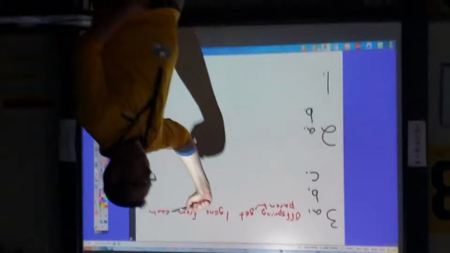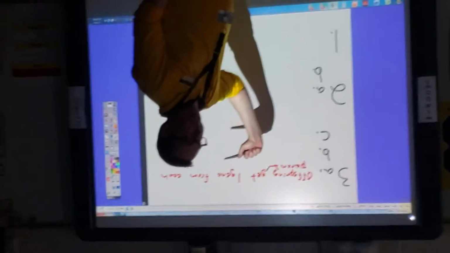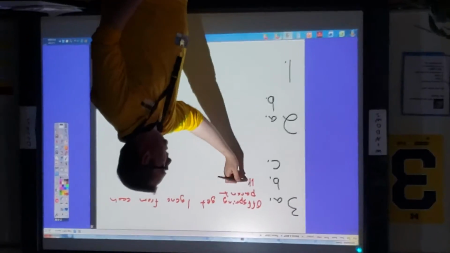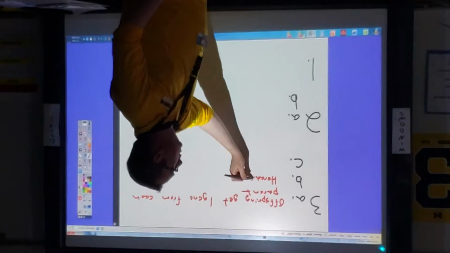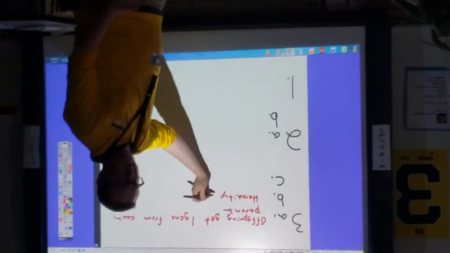Malik? I said that heredity could come from anybody in your whole family tree. Heredity could come from anybody in your family tree.